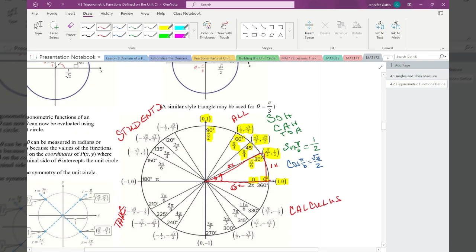What that breaks down to is in quadrant number 1, all of your trig functions are positive. In quadrant number 2, only sine. In quadrant number 3, tangent. And in quadrant number 4, cosine. These are the ones that are positive in each of those quadrants. And because of that, we can fill in the unit circle with only knowing those few things. Okay?